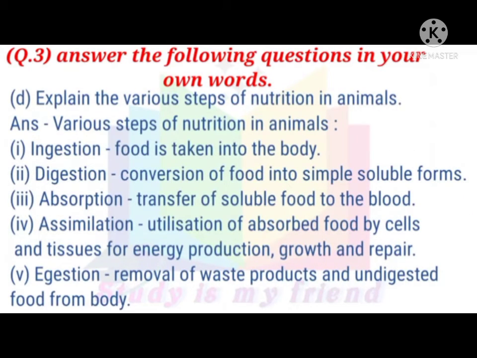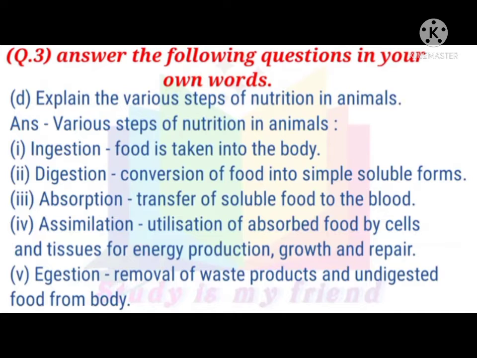D. Explain the various steps of nutrition in animals. Answer: Various steps of nutrition in animals. 1. Ingestion. Food is taken into the body. 2. Digestion. Conversion of food into simple soluble forms. 3.